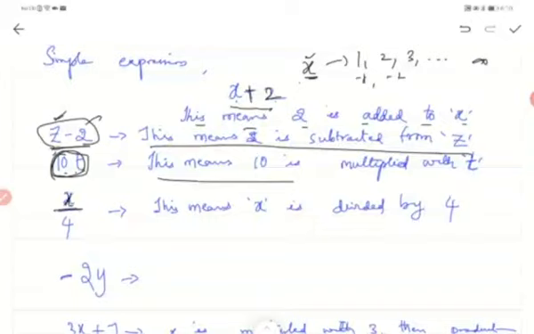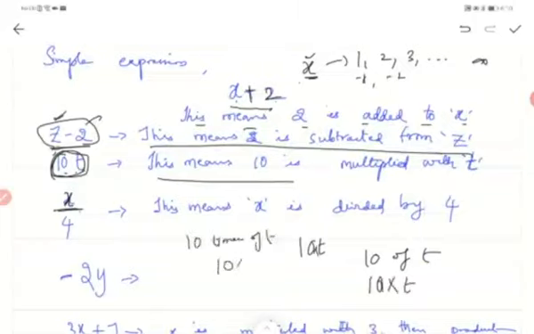So for 10t you can say 10 of t, that means 10 into t. Remember, multiplication you call a product. You can say times. 10 times t means 10 into t. Twice of t means 2 into t.